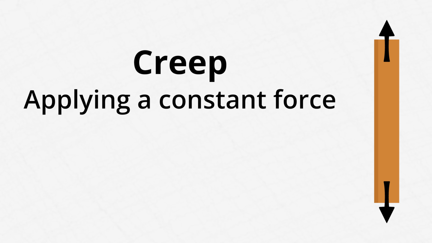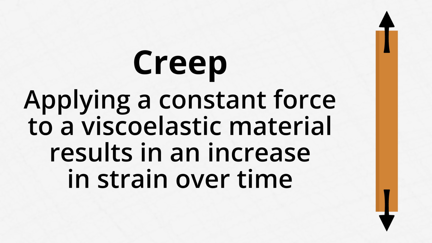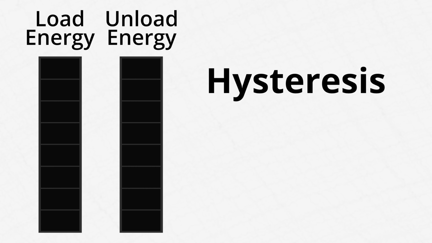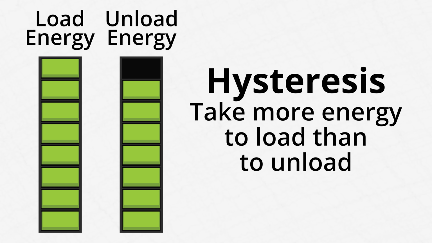There's also creep, where applying a constant force to a viscoelastic material results in an increase in strain over time. Viscoelastic materials also experience hysteresis, where they take more energy to load than to unload.